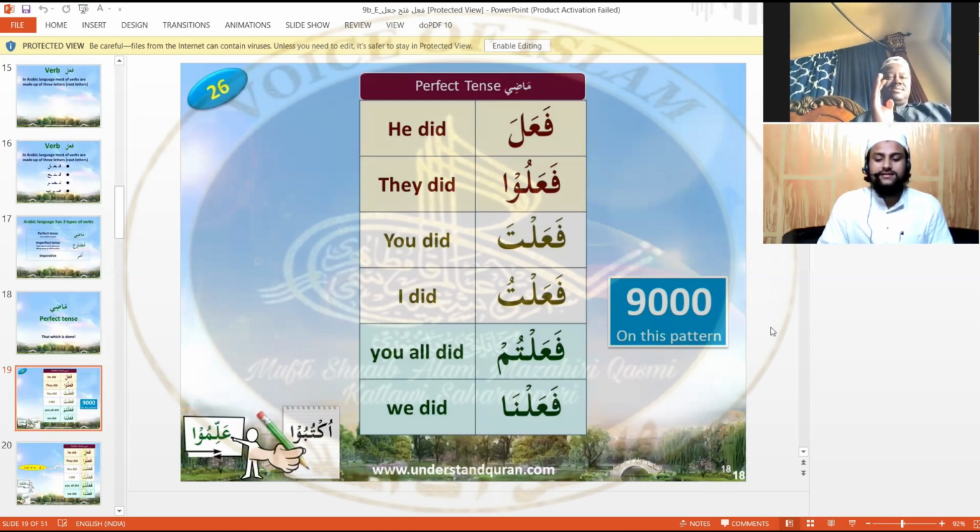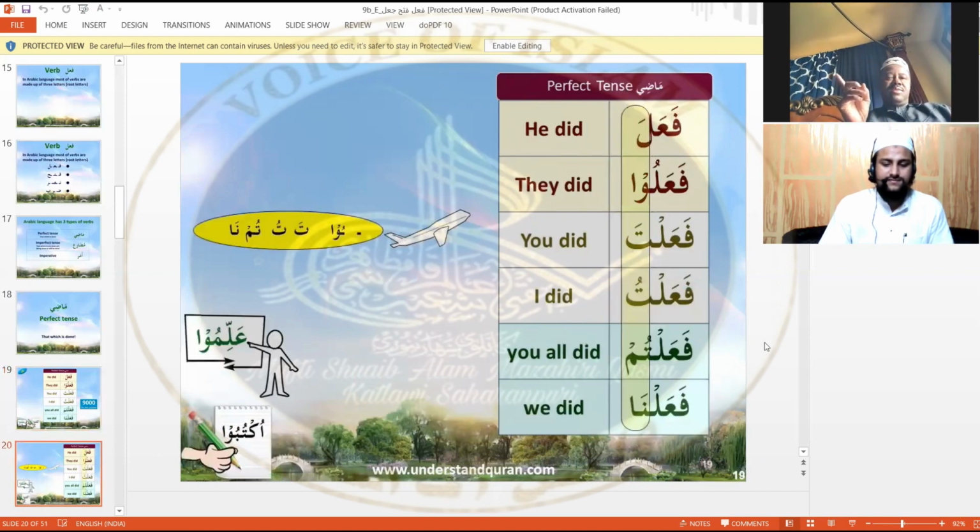9,000 words, 9,000 repeated words on this pattern. Just on this pattern, 9,000 repeated words. Now, fa'ala, fa'alu, fa'alta, fa'altu, fa'altum, fa'alna. فعلتم فعلنا.